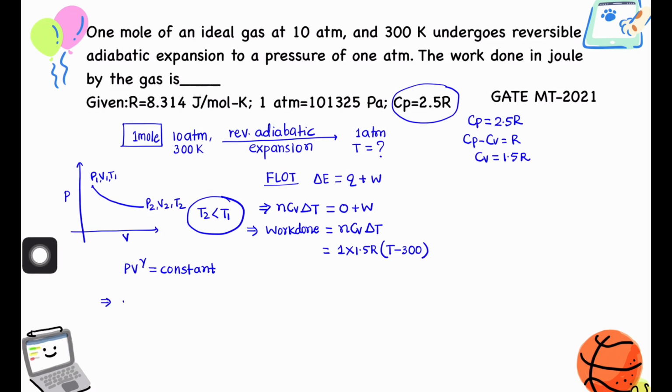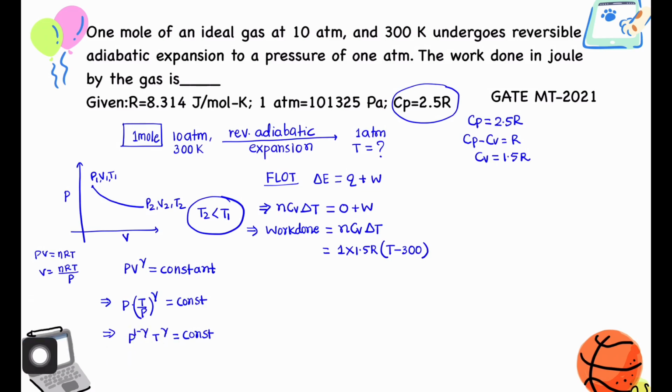From the ideal gas equation, PV equals nRT, so V is nRT by P, where n and R are constant. So we can write T by P in place of V, raised to gamma, that is a constant. Then we can simplify this as P to the 1 minus gamma, T to the gamma is constant.